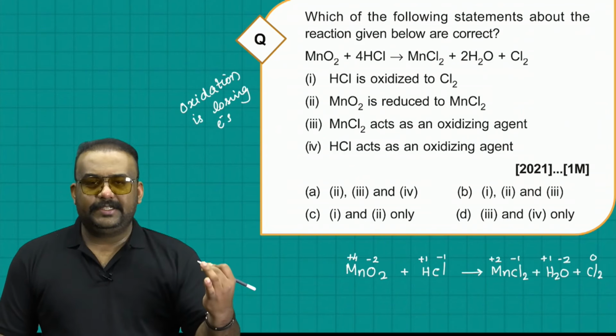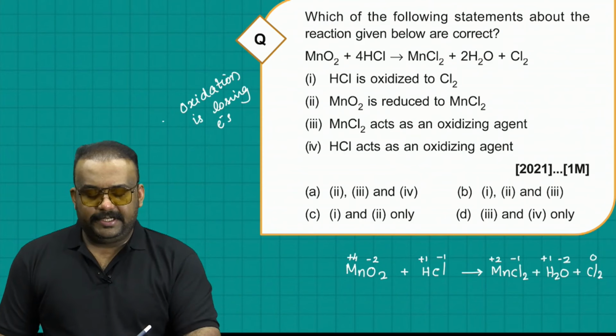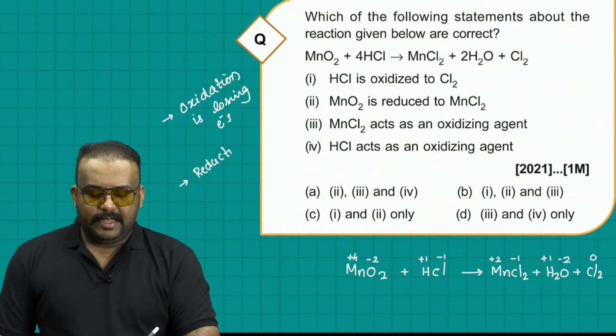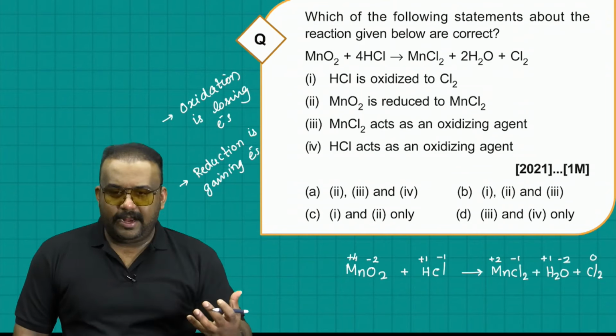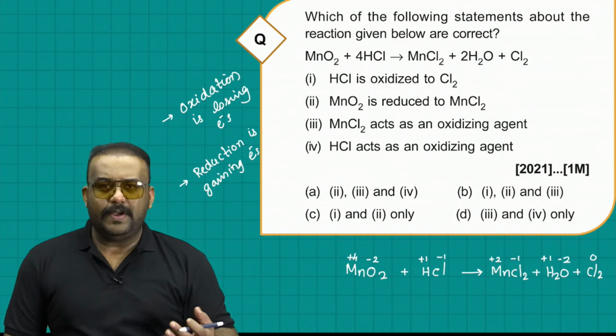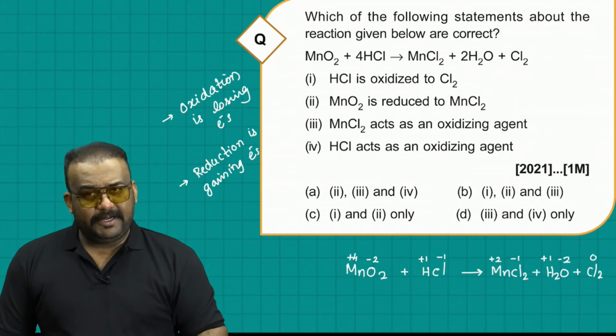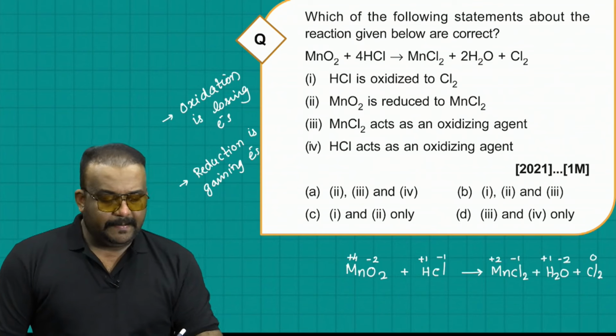If any species is losing electrons, that species is said to undergo oxidation. Whereas reduction is gaining of electrons. If any species is gaining electrons, that species is said to undergo reduction. So in that aspect also you can examine this question and understand what is oxidized and what is reduced.